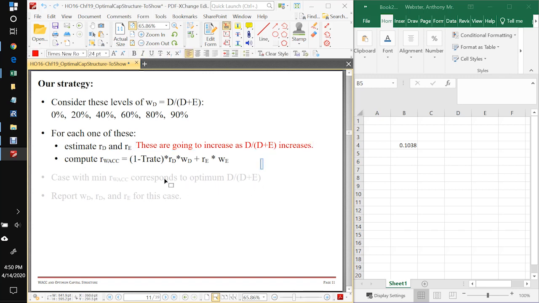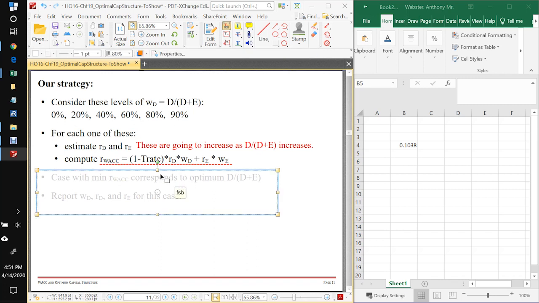Okay, and for each one of these, we will compute the weighted average cost of capital, which we already know how to compute. Here's the formula for it again. And so when we're done, we're going to have weighted average cost of capital for no debt, 20% leverage measured by debt to enterprise value, 40%, 60%, 80%, 90%.